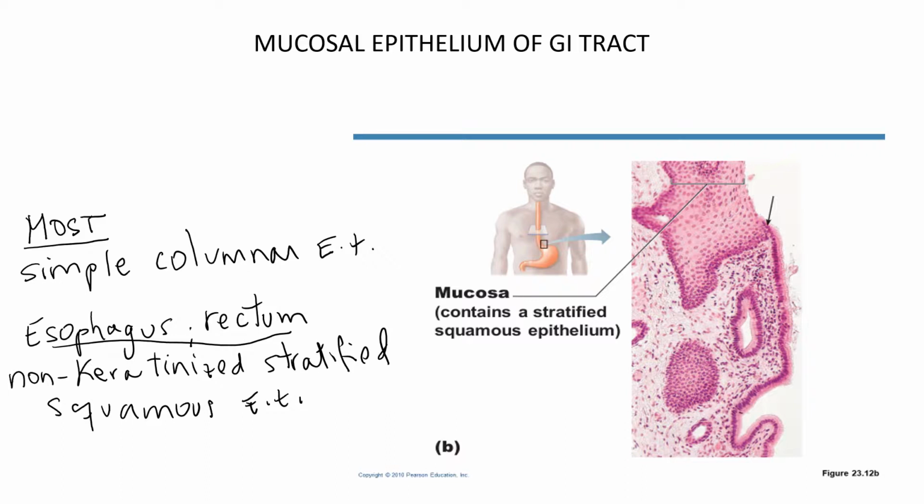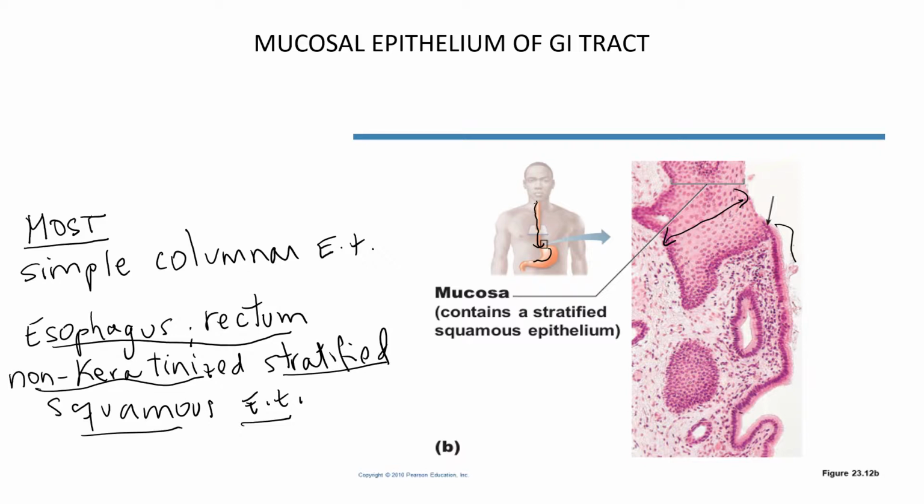This slide on the right-hand side is showing you the dramatic change of tissue from the esophagus to the stomach. Notice that in the esophageal portion, the tissue is thick, non-keratinized, stratified squamous epithelial tissue, which protects the lining of the esophagus from mechanical abrasion as the food travels from the pharynx onto the esophagus.